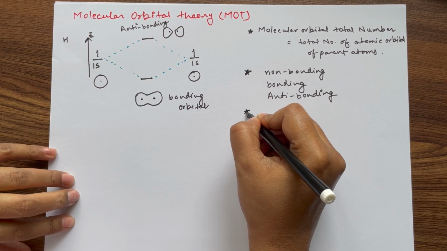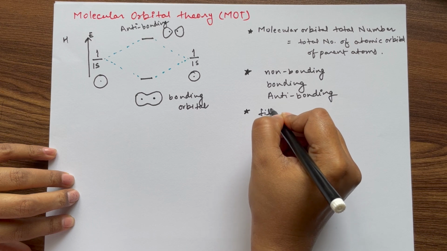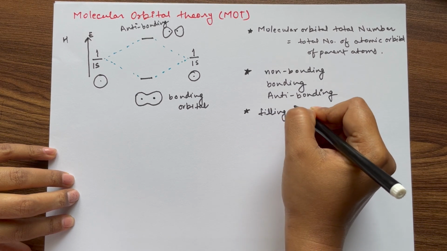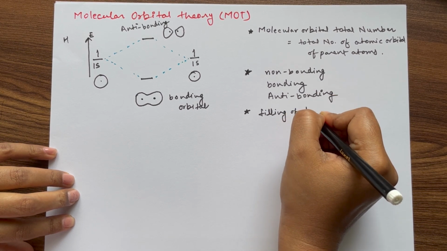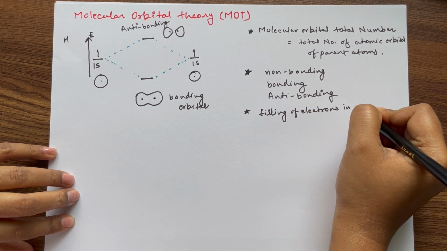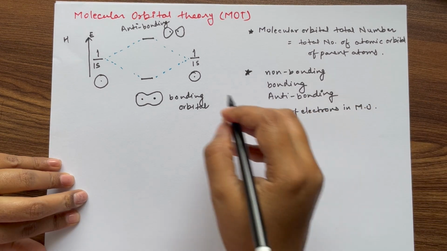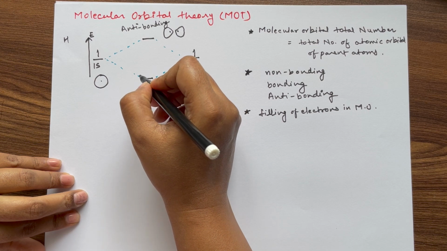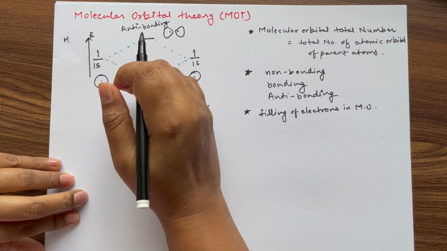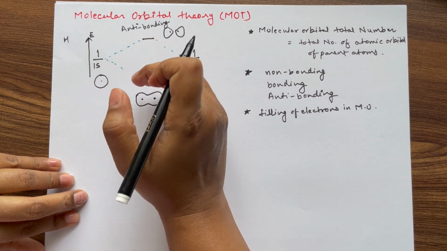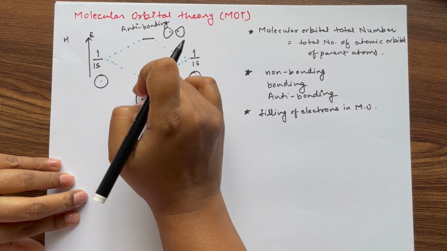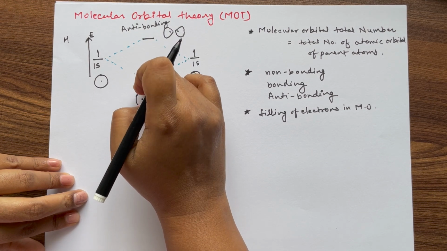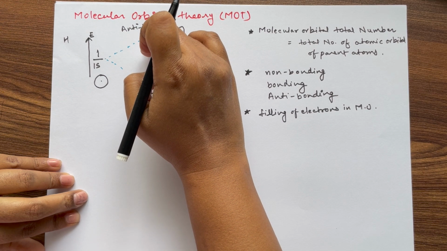The third point is filling of electrons in molecular orbitals. So here the electrons are filled into molecular orbitals in increasing order of the orbital energy. So first it will fill the lower energy level and then it will fill the higher energy level.